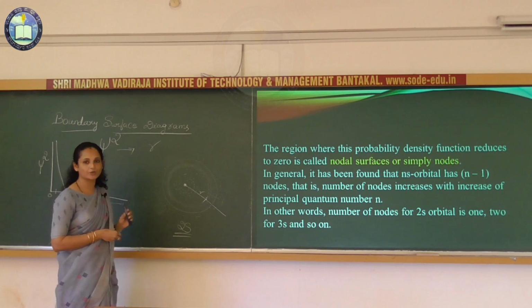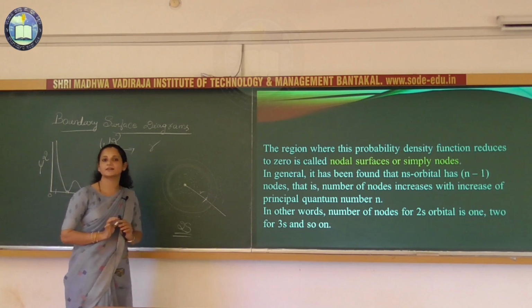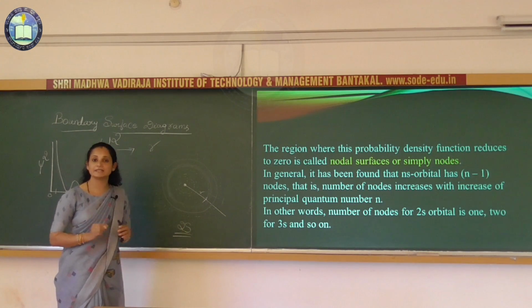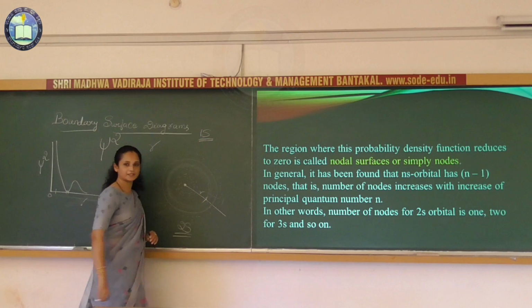Okay, let us calculate for s orbitals. How many nodal surfaces or nodes are there for an s orbital? 1s orbital, 1s orbital ತಗೊಳ್ಳಿ.